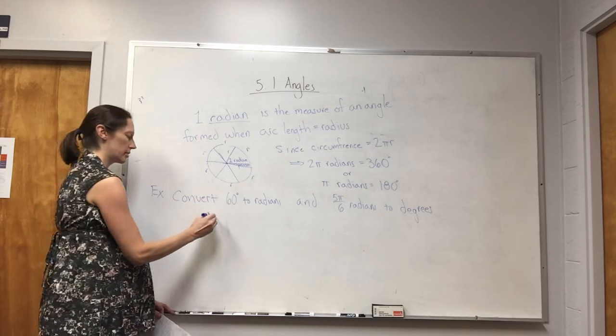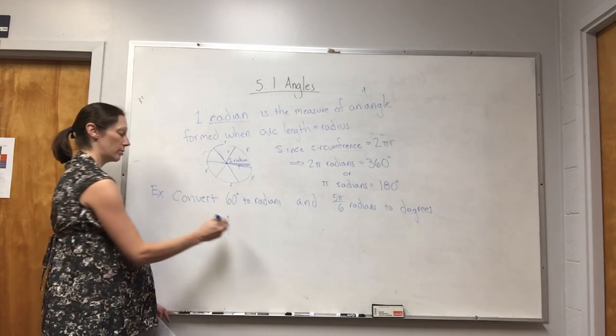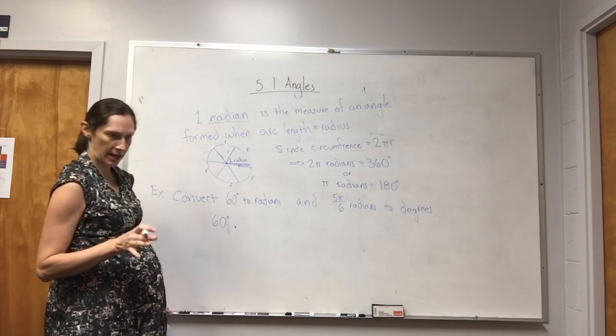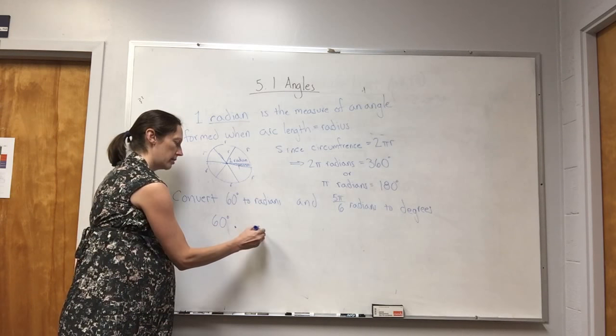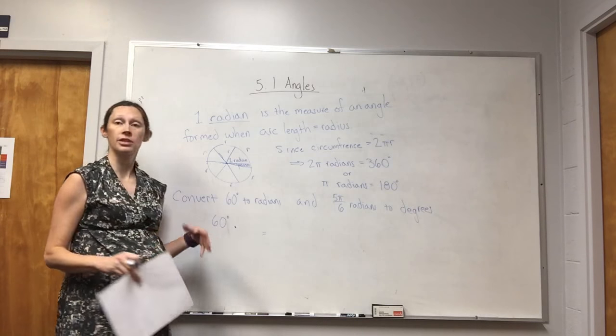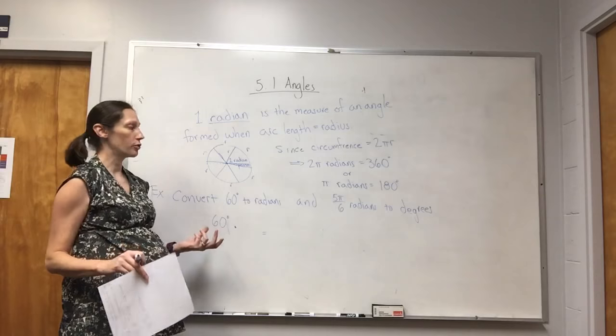All right, 60 degrees. What I'm going to cleverly do, right, mathematics can often be very clever, is I'm going to multiply by 1. So if I multiply by 1, I'll still have the same angle, and I can still say we're equal, okay? But I'm going to multiply by a very clever version of 1.